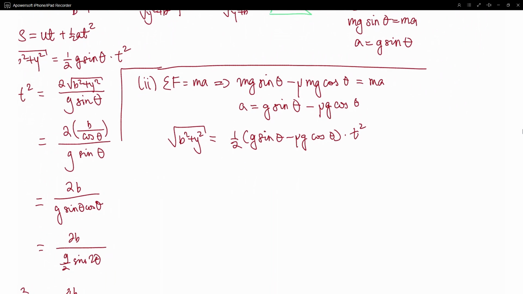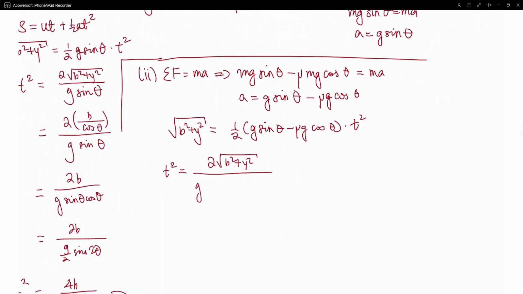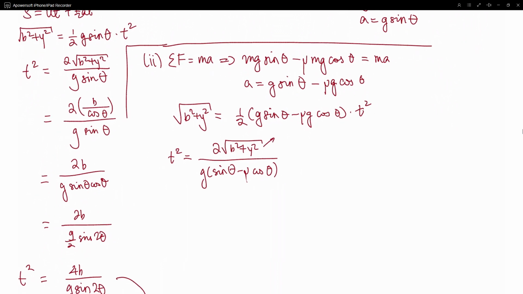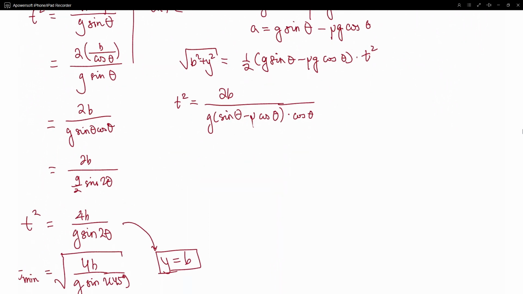Then we'll get that t squared is 2 root b squared plus y squared over g times sine theta minus mu cos theta. b squared plus y squared is nothing more than b over cosine theta, so we can simplify this. It becomes b, and this becomes times cosine theta in the denominator, which is 2b over g sine theta cosine theta minus mu cosine squared theta.